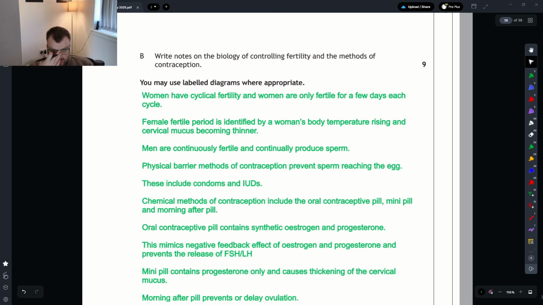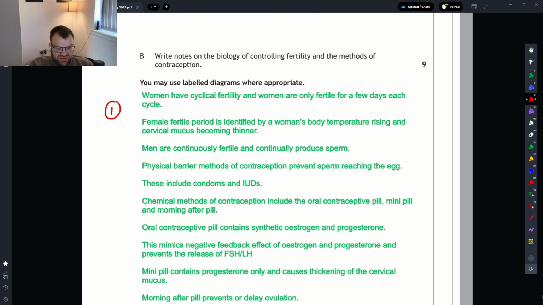Okay, so we get 1 mark for females cyclical and males are continuous. So we'll put 1. It's kind of like a combination of them because it's in both of them. Oh, you then got a mark for about the differences in terms of always producing sperm and then only fertile a few months.